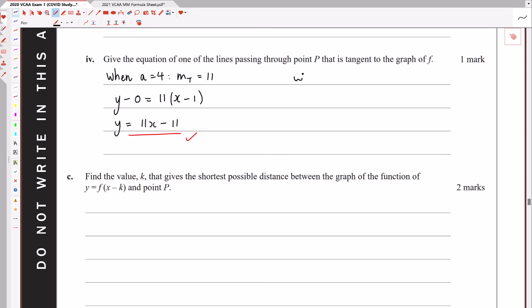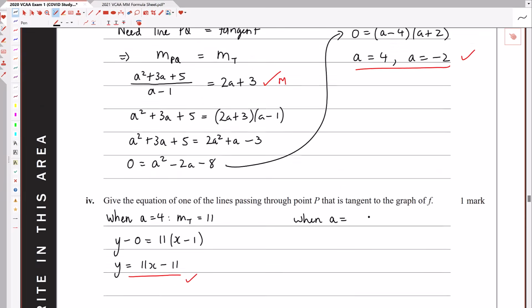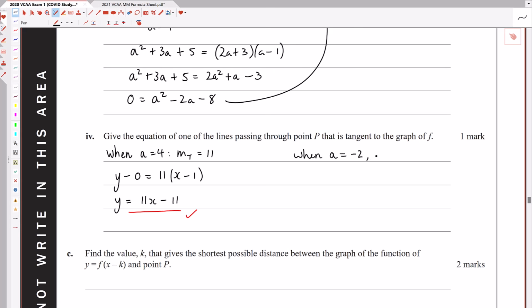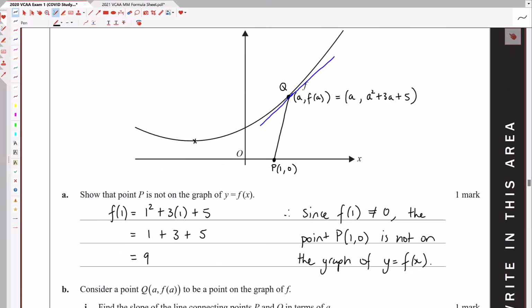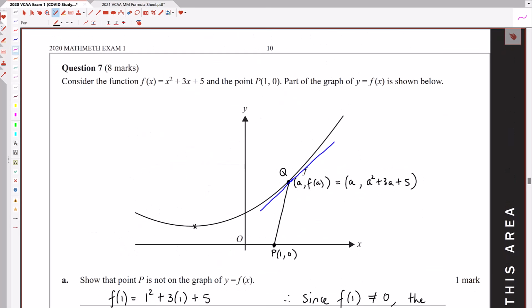Or we know when a equals, what was the other answer? Negative 2. Yep. When a equals negative 2, the gradient of the tangent is 2 times negative 2, which is negative 4, plus 3, so it's negative 1. Again, thinking about the diagram we drew before, I've rubbed it off, but it makes sense that this one had a gradient of negative 1, and this one had a gradient of positive 11.